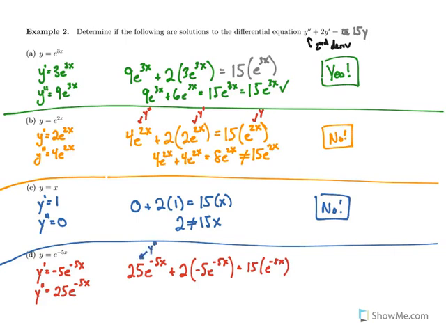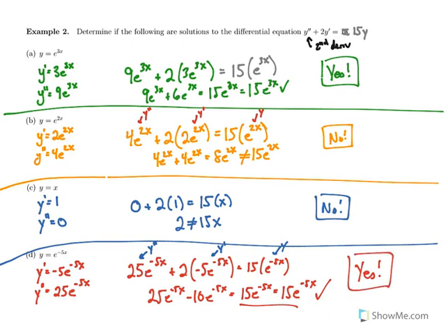Again, y double prime, y prime, and y. And here we have 25e to the negative 5x minus 10e to the negative 5x. That is 15e to the negative 5x, which is what we wanted. So this is a solution.